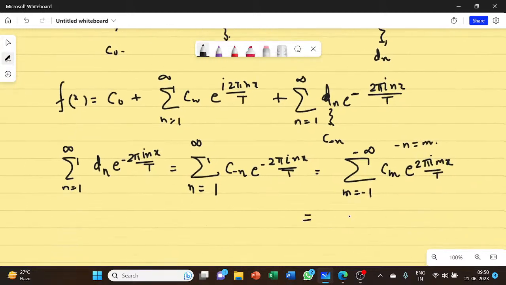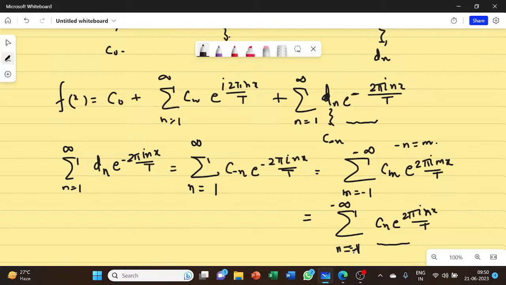So you can write here again summation n equals to minus 1 to minus infinity, and you have c_n e power 2 pi iota nx upon T. So this entire last term would become this, varying from minus 1 to minus infinity. So basically you are running the sum from minus infinity to minus 1, because sum is after all commutative.